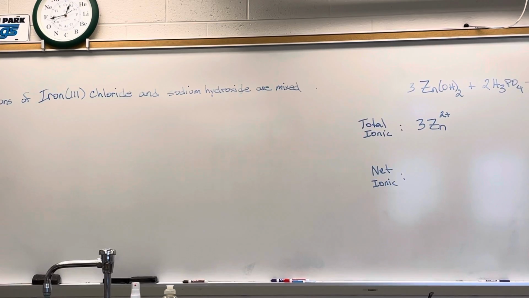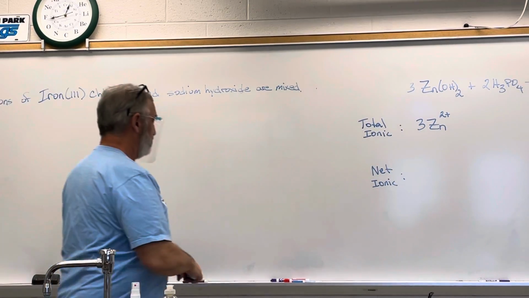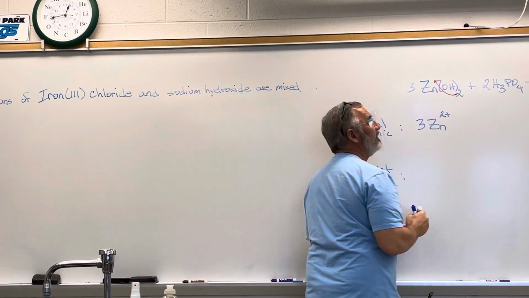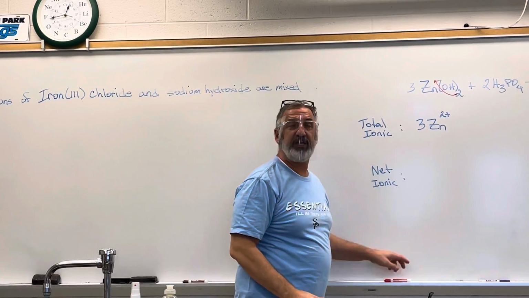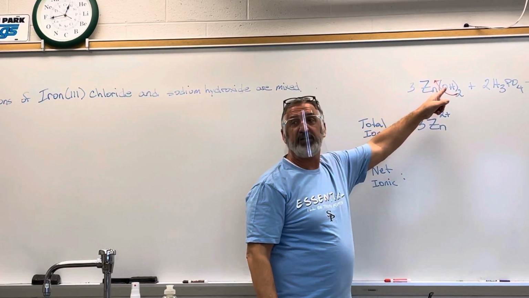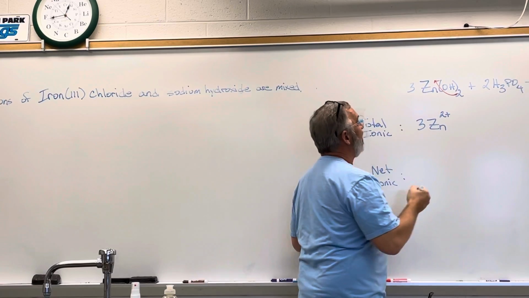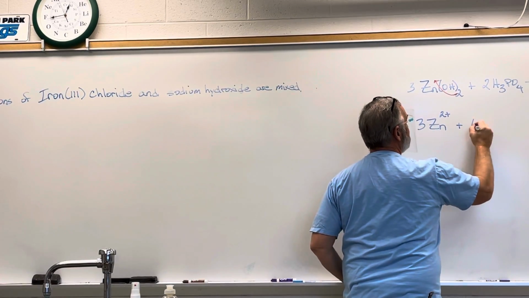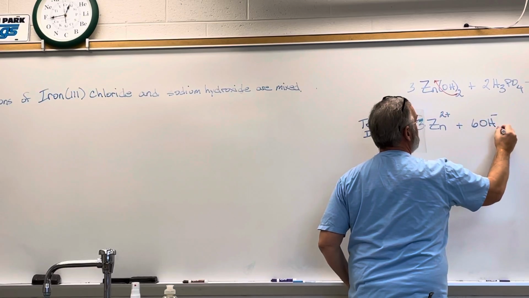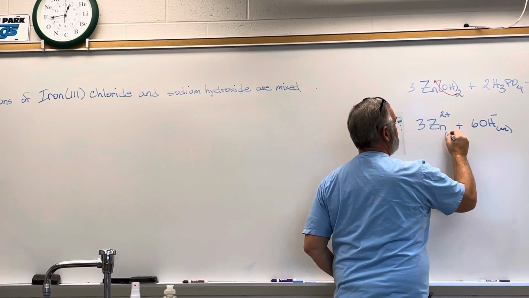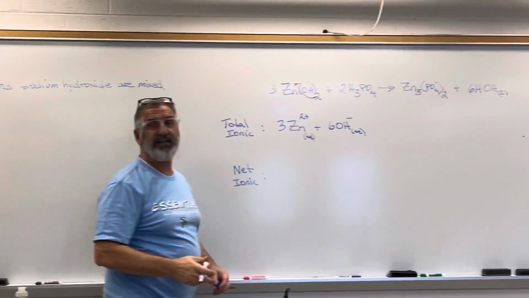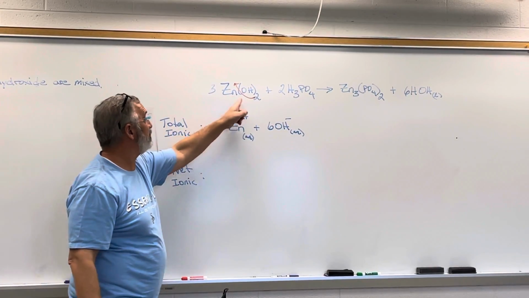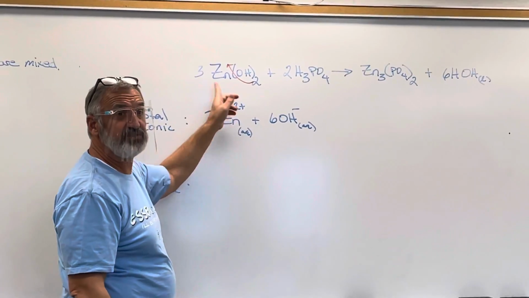Plus, the other way you can know is, again, the reverse crisscross. That 2 probably came from +2. Hydroxide is -1. So how many hydroxides am I going to get? 6 hydroxides. Does everybody see that? 6 hydroxides, because each one has 2 and you got 3 of them, so you're going to have 6 hydroxide.